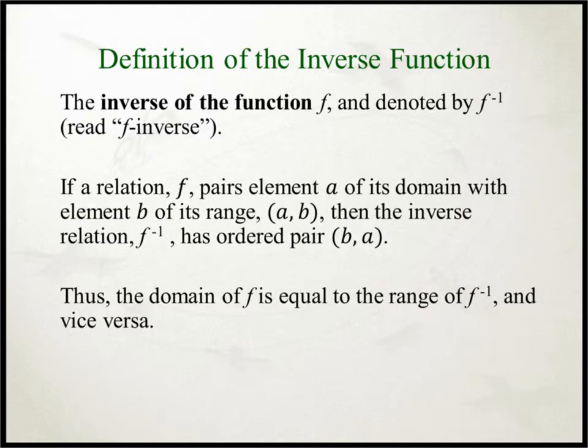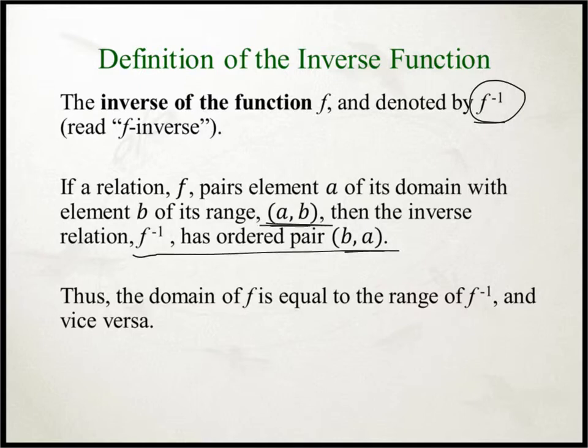So the inverse function is denoted by f with a little -1, and you are going to read that f inverse. In a relation, we have pairs of elements of the domain that match the elements of the range, okay? Well, in an inverse function, those orders are reversed.